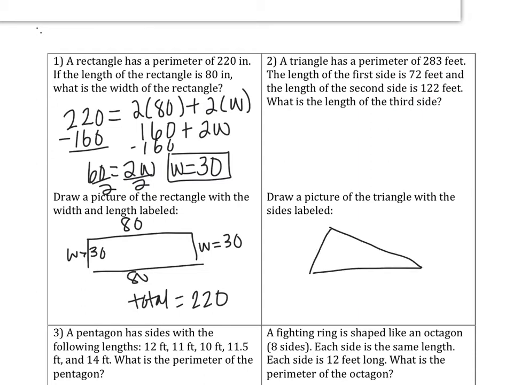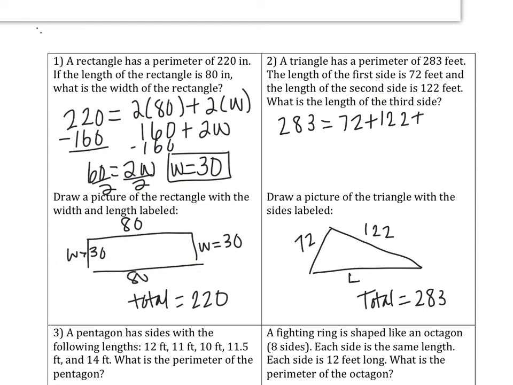And we have a perimeter, so our total perimeter is 283. And the length of the first side is 72. The second is 122, and we need to find the length of the third. So we have 283 equals 72 plus 122 plus length.